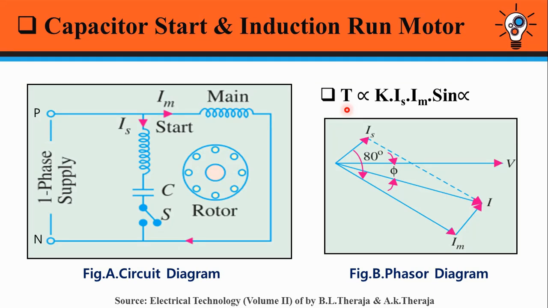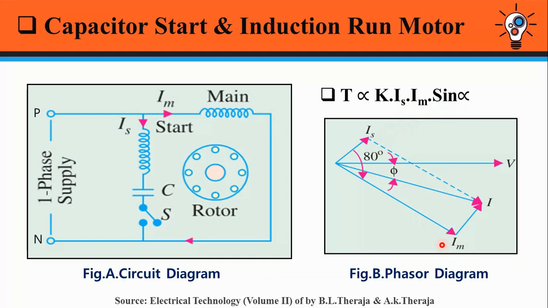This driving torque is given as T directly proportional to K IS IM sin alpha, where K is the constant, IS is the current drawn by starting winding, IM is the current drawn by main winding, and alpha is the angle between IS and IM. Now motor slowly gathers speed.